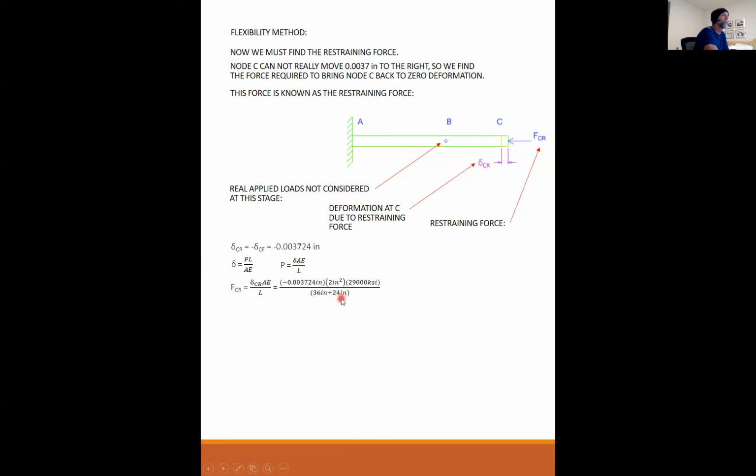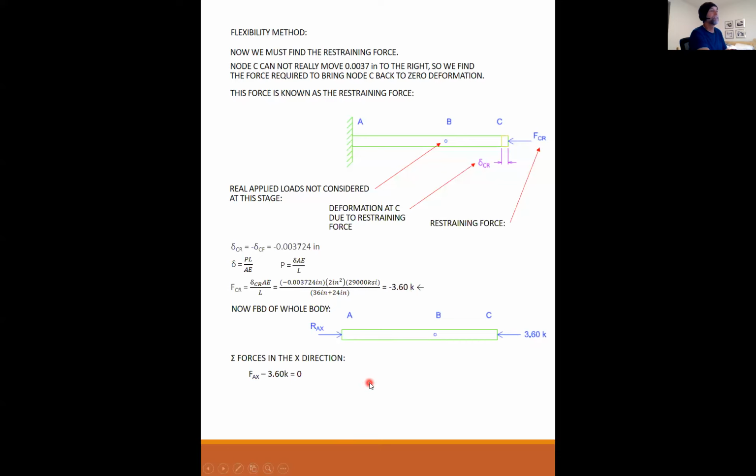So 36 plus 24, and this equals minus 3.6 kips. Now, a free body diagram of the whole body. And I have 3.6 kips squeezing in on C. I have an unknown RAX at A. And summing the forces in the X direction, I have FAX equals 3.6 kips to the right, resisting this load.